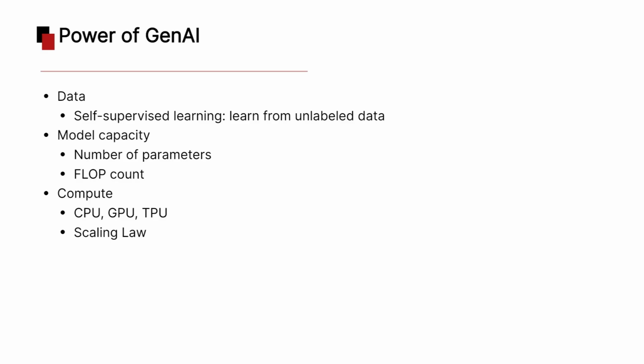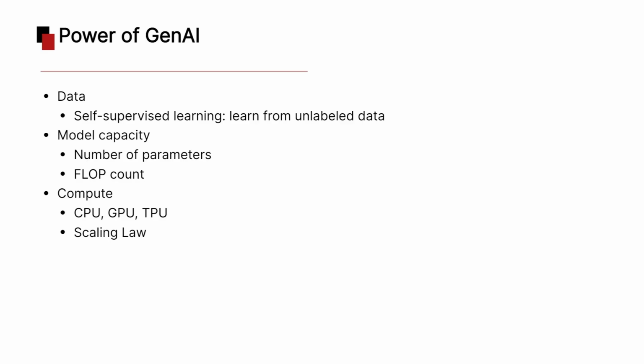3. Compute. This is the raw horsepower that makes it all possible. CPU: versatile, great for general tasks, but slower for massive parallelism. GPU: the workhorse of AI, with thousands of cores optimized for matrix math. TPU: custom chips from Google built specifically for AI workloads, especially efficient for large-scale training.